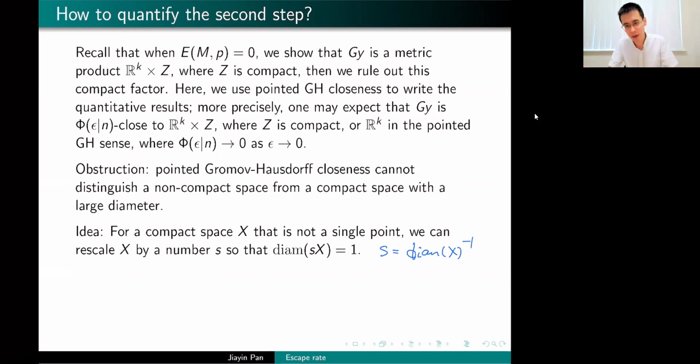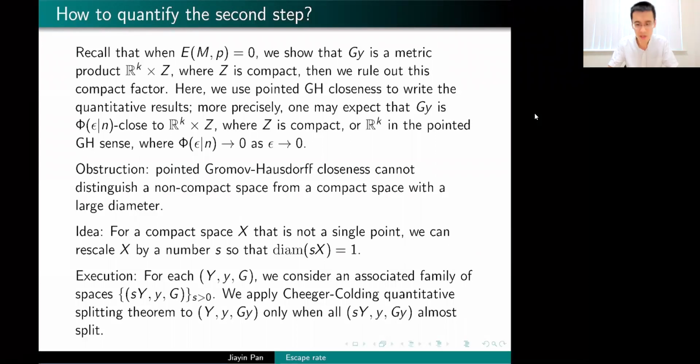While for a non-compact space, regardless of which number you apply to rescale it, a non-compact space is still non-compact. That's a clear difference between compact and non-compact spaces, right? It's a very simple idea, but this turns out to be the key.